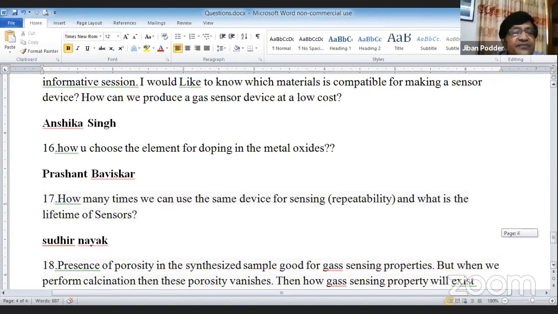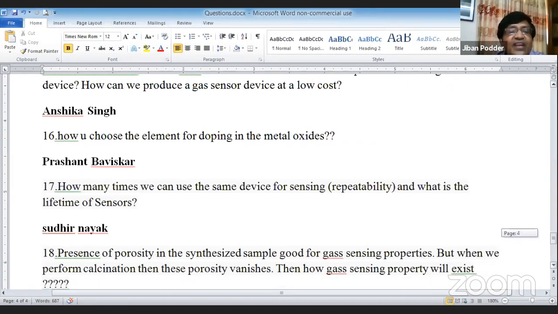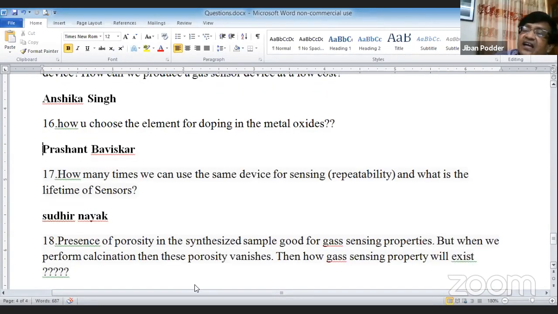for sensing purposes. How do you choose the element for doping in the metal oxides? That matching is important. If you have a cubic structure, and you select the dopant, the ionic radius is important. It should be comparable. Then only can it take an interstitial or substitutional position, or even a lower ionic size can go inside the lattice and give good thermal, mechanical, and chemical properties.